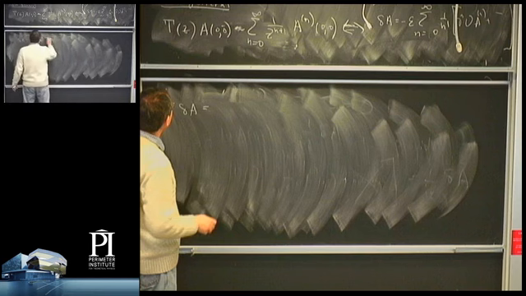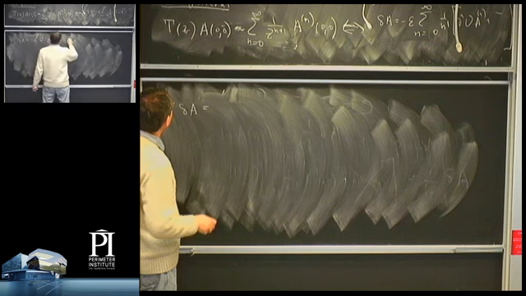Well, actually, I'm going to write it down as b times A_0, and then I have minus epsilon times del b times A_1.